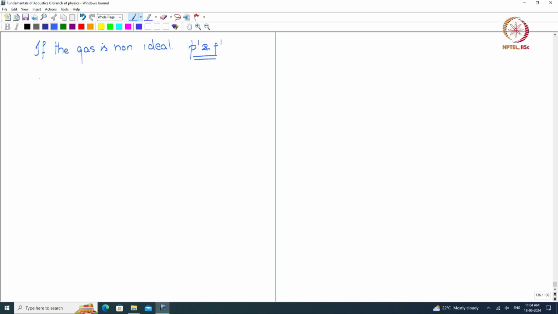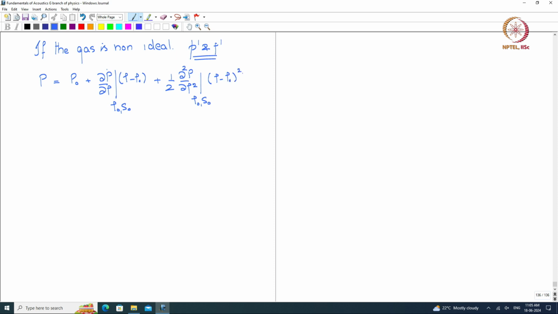So, we do an expansion: the general total pressure is mean pressure plus del P by del rho, evaluated at the mean density and entropy, times rho minus rho 0, plus half del 2 P by del rho square, evaluated at rho 0 S0, times rho minus rho 0 whole squared.